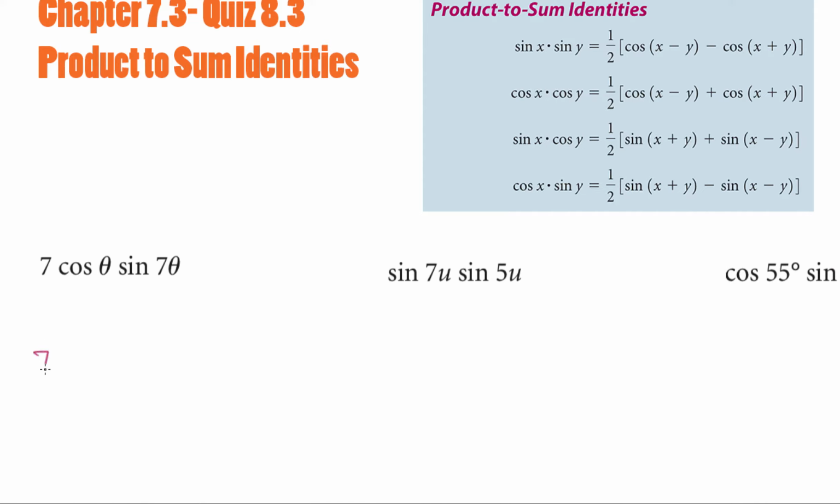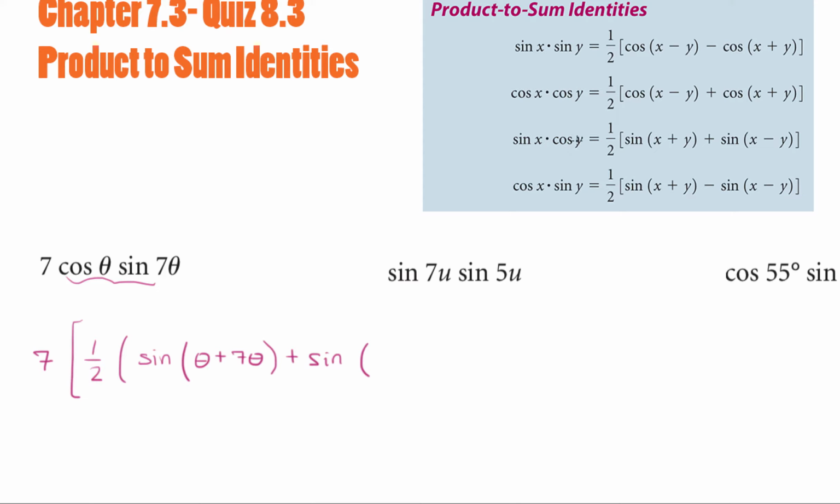So it's going to be 7 times, because it only applies to the multiplication, 1/2, then another multiplication, sine of theta plus 7 theta plus sine of... now who's x and who's y?